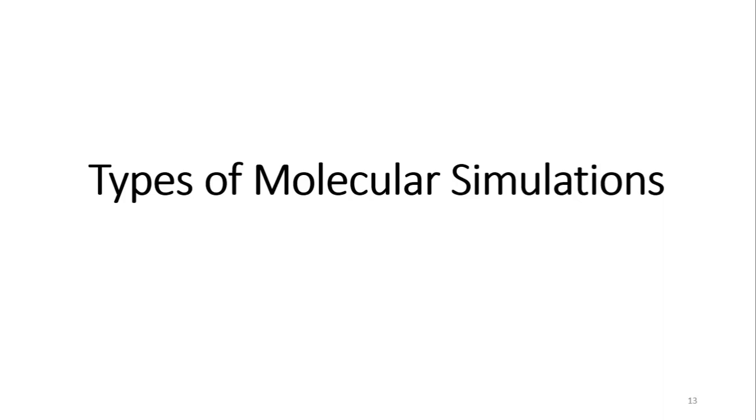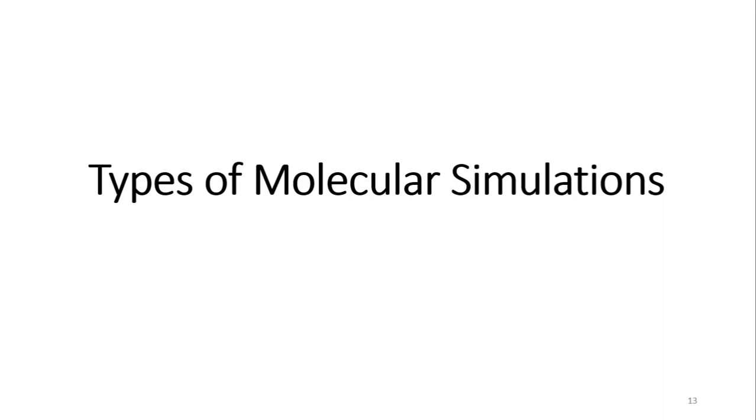If you propagate your system deterministically, then the molecular simulation you are performing is called molecular dynamics simulation. On the other hand, if you use a probabilistic method to propagate the system, then we say that you are conducting Monte Carlo simulation.